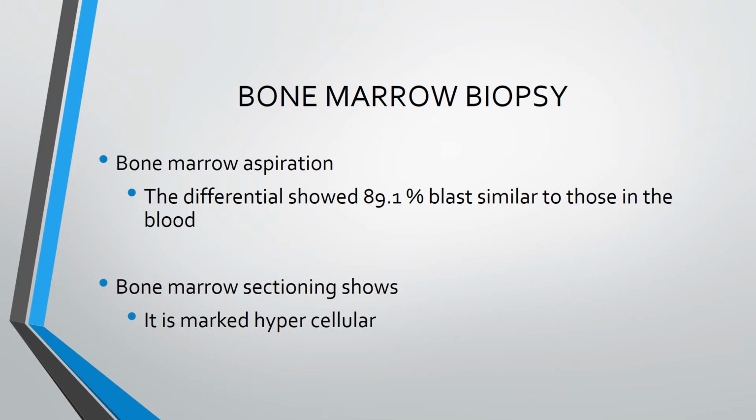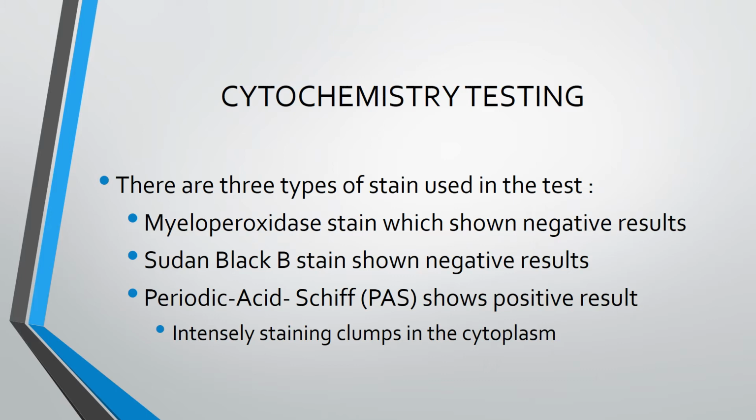Further laboratory testing has been done, which is bone marrow biopsy. From the bone marrow examination, the differential showed 69.1% blast cells. And from the bone marrow sectioning, it is marked as hypercellular. Then, cytochemical testing also has been done.